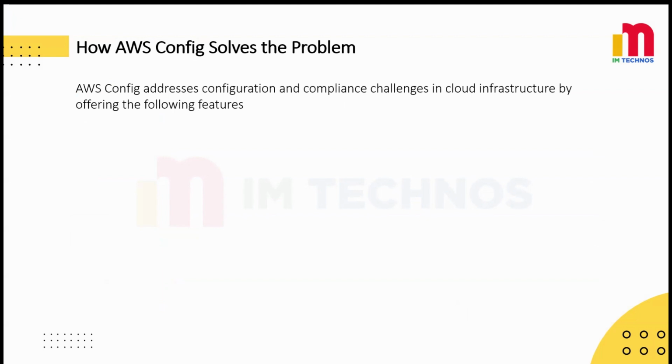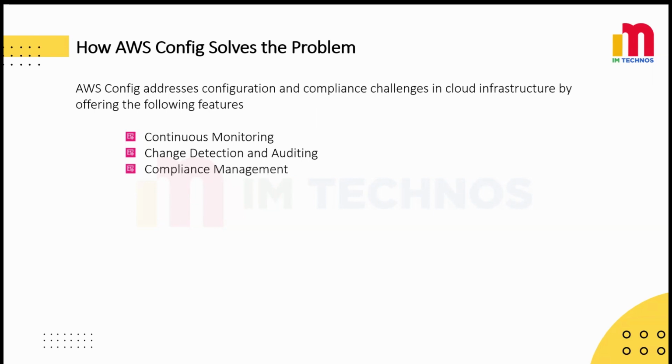So in conclusion, AWS Config solves configuration and compliance challenges in cloud infrastructure by providing continuous monitoring, change detection and auditing. It records all changes to your resources and their configuration. In this case, AWS Config can show you exactly when the resource became public and whether it complies with your security policies or not.